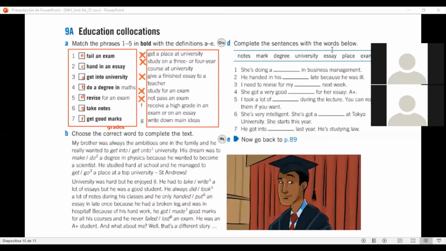Okay. Good. So now that we know, can you help me, guys, completing this next exercise with the words we have in the box? ¿Cómo nos quedarían estas oraciones de acá con las palabritas que tenemos en el cuadro? For example, number 1.